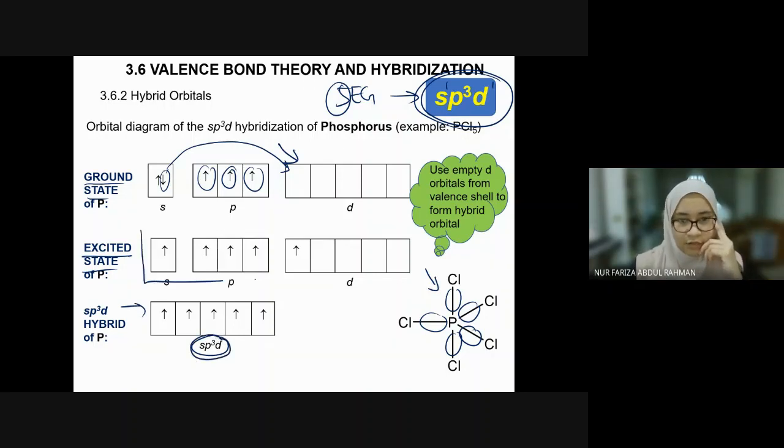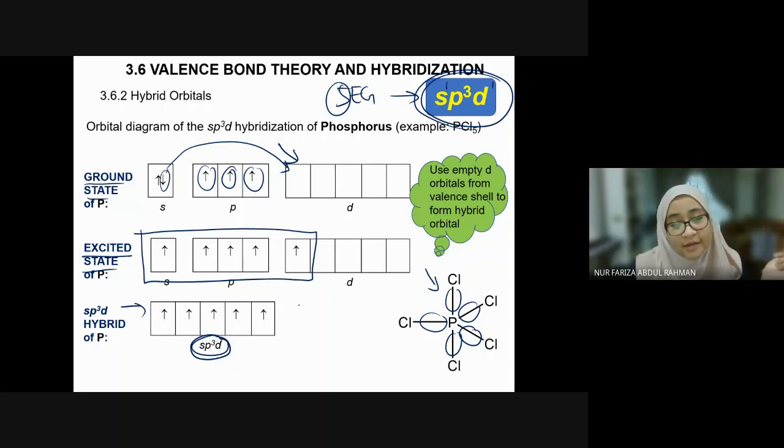It takes all of them, coincidentally. This is sp3d. Now all 5 Cl atoms can form bonds with phosphorus.